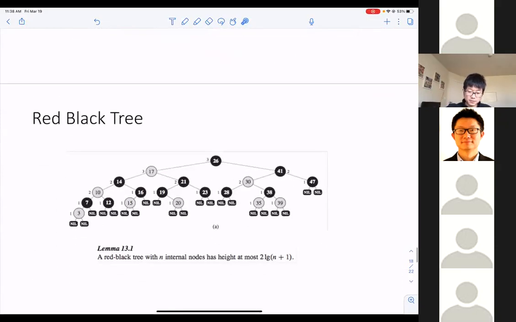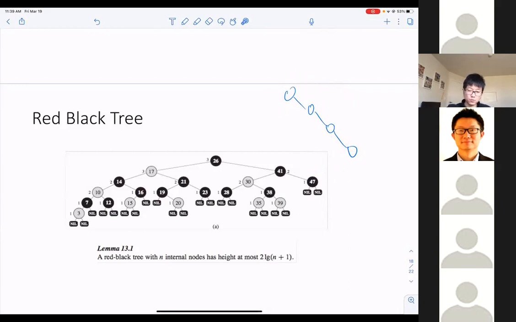So this is one example of a red-black tree. What we can observe from this example is that the tree is pretty much balanced. It's very balanced. We don't have an extreme case where we get something like this. No, it's guaranteed that we are not going to get an extremely unbalanced red-black tree.